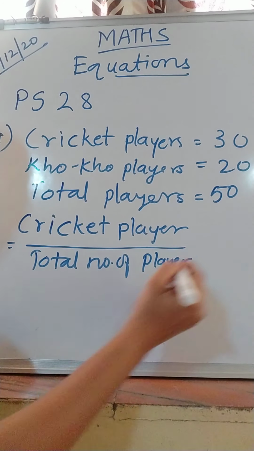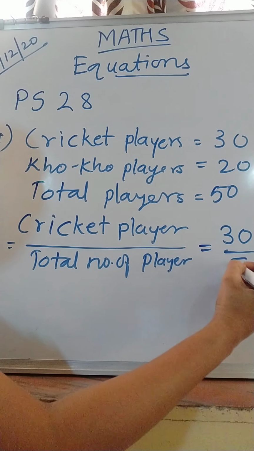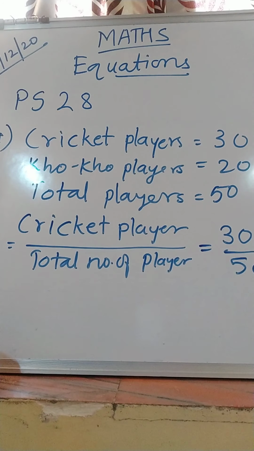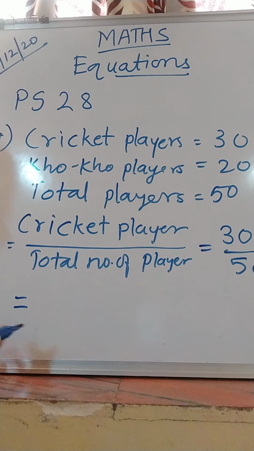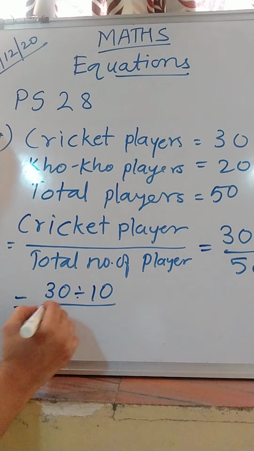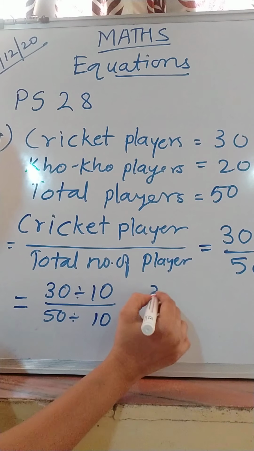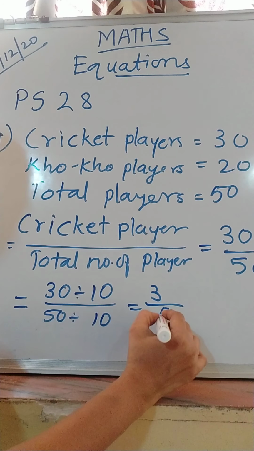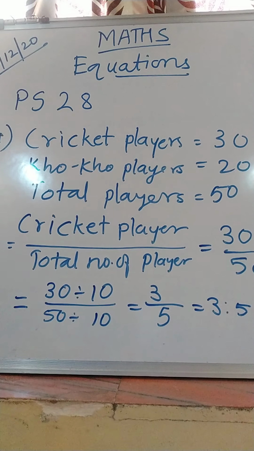Number of cricket players is 30 and total is 50. 30 and 50 can be divided by 10. So 30 divided by 10, 50 divided by 10. 10 3s are 30 and 10 5s are 50. So your ratio is 3:5.